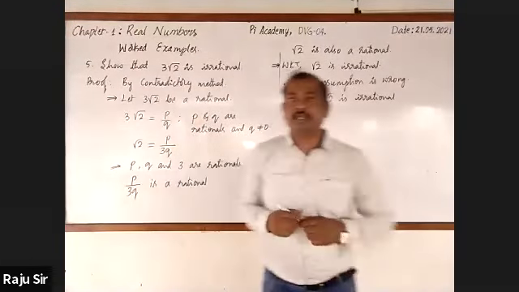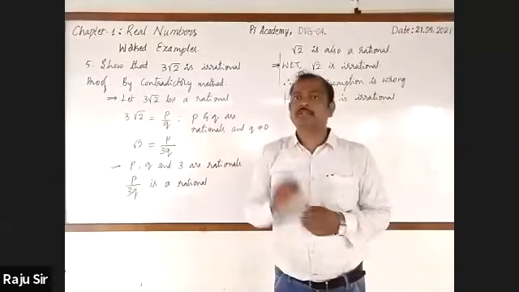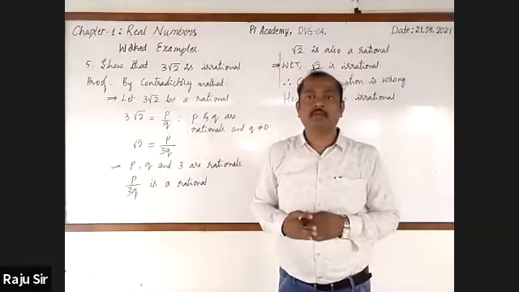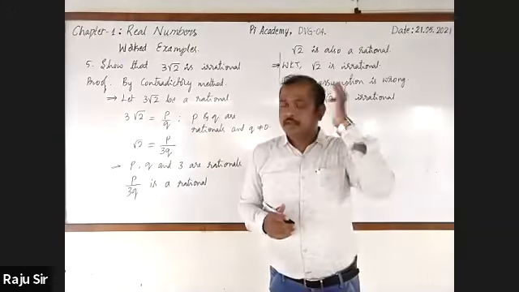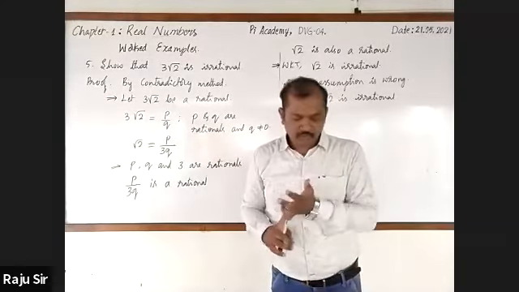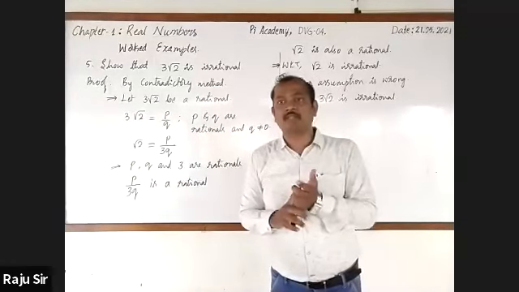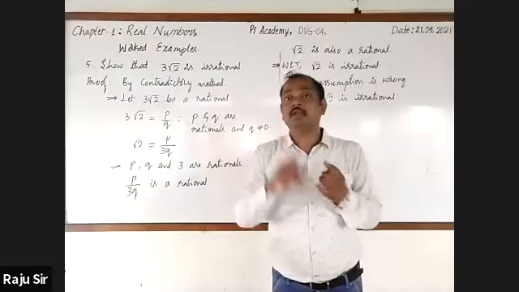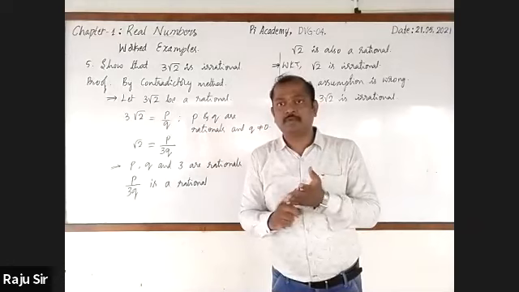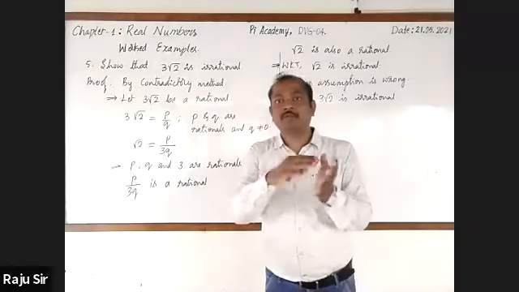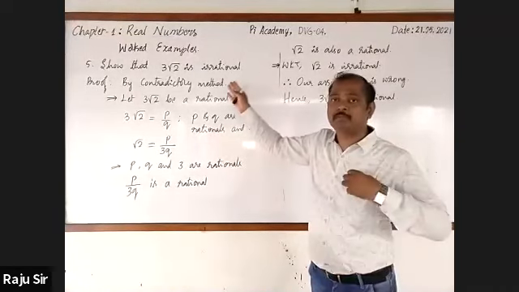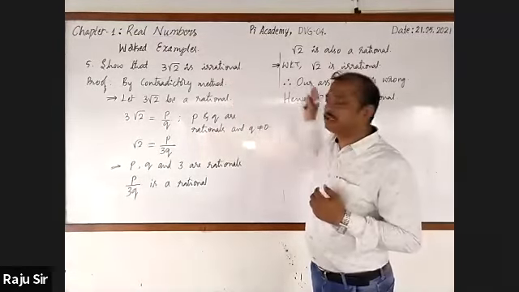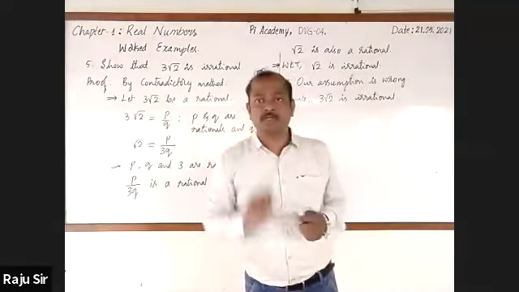Now let me go for taking another statement which is very important, and it was also given in the examination for 2 marks. Yesterday we proved root 2 and root 7 as irrational. There, those will be asked for 3 marks. After that, whatever other numbers were proved as irrational, all these will be asked for 2 marks.